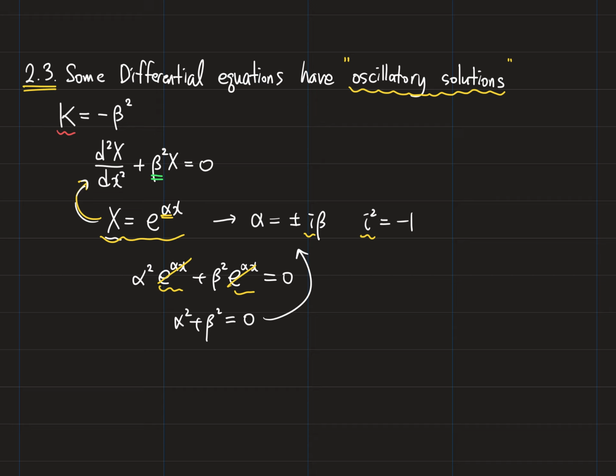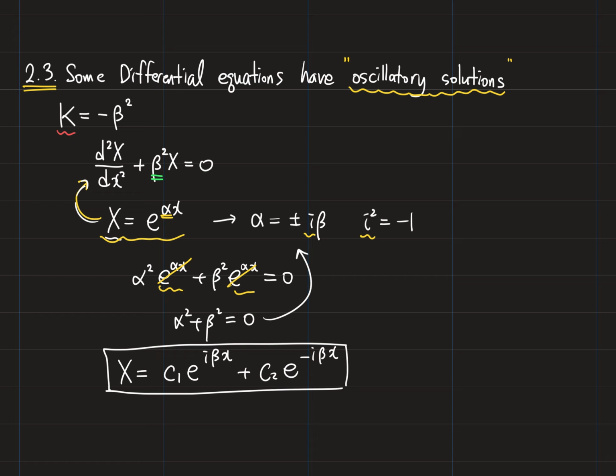So we have two possible cases, and the general solution should be the linear combination of these two possibilities. So X should be c1 exponential i beta x plus c2 exponential minus i beta x. So this is the general solution.